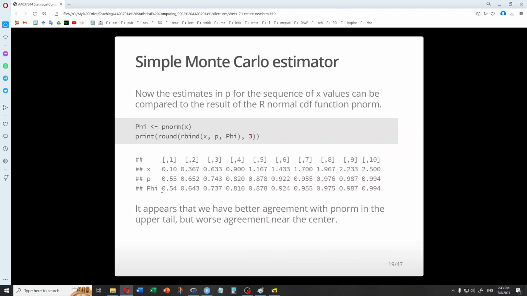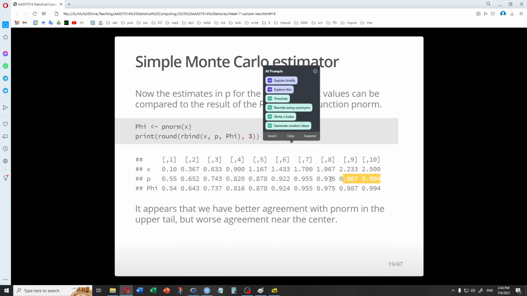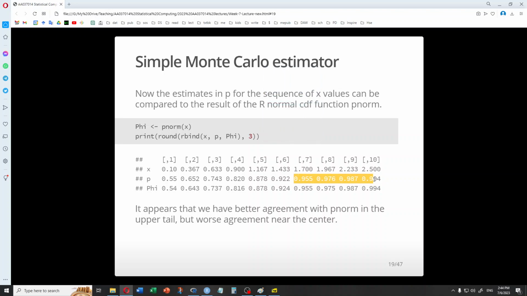And now we want to compare the value that we get from the normal CDF function with the value that we get from the Monte Carlo integration, and this is what we see. You can see that towards the upper tail they are very close to each other. In fact, they are exactly the same except when X is equal to 1.967, and this is due to randomness.